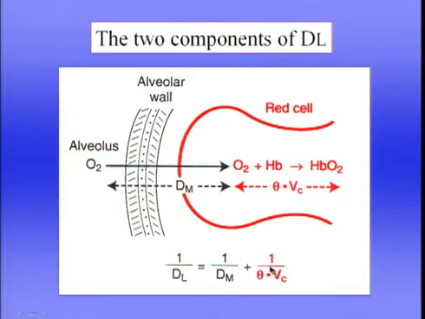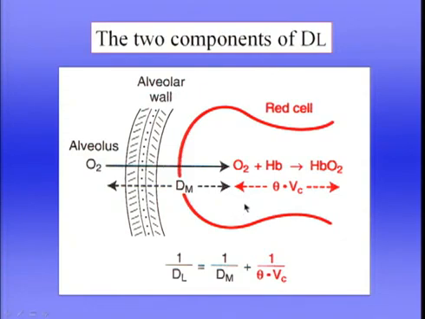The other thing that this helps us to do is that we can actually separate these two factors and measure them independently, because we can operate on theta, the rate of reaction of carbon monoxide. Now we're talking about carbon monoxide. The rate of reaction of carbon monoxide with hemoglobin can be altered by changing the PO2 of the alveolar gas.